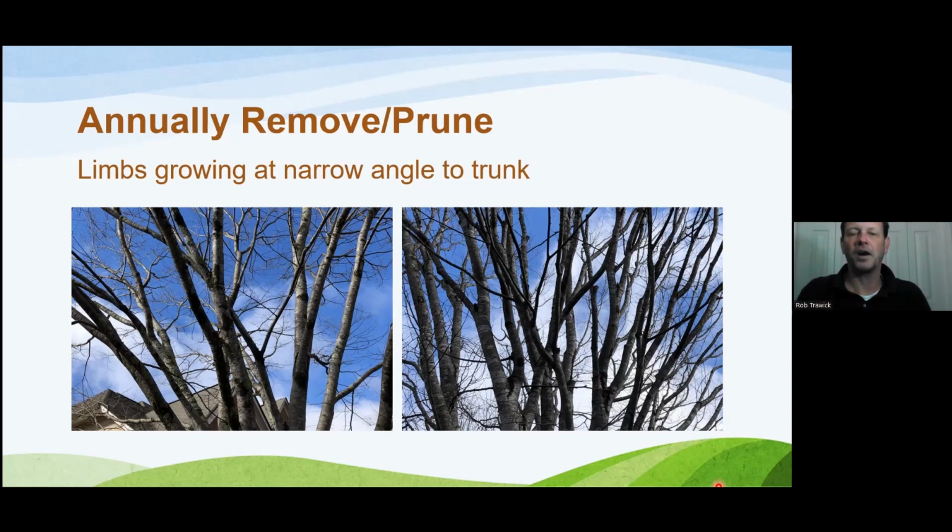The Bradford pear is a perfect example of this. If you wonder why they all split when they get 20, 25 years old, it's because they have those very narrow angles of attachment. When you get all that bark growing against bark, over time, as it grows, it's literally growing itself to split.